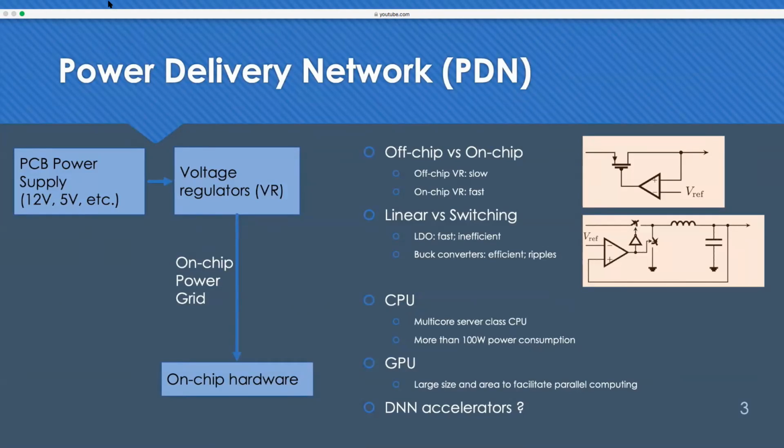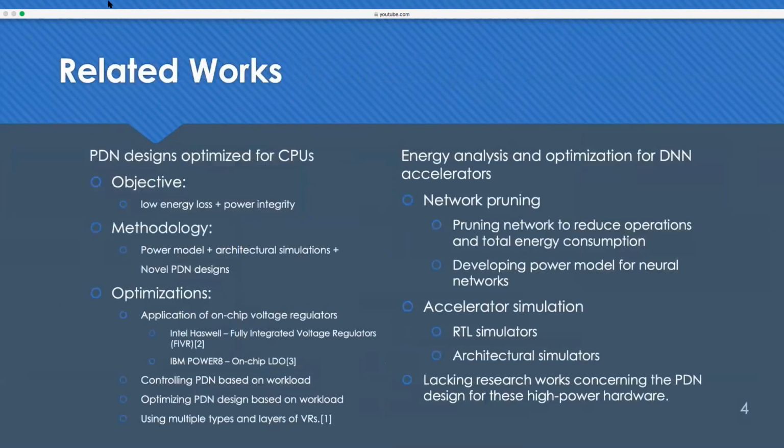As for the hardware, there have been many research works for CPUs and GPUs, but no research has been done on PDN designs for novel DNN accelerators. There have been many PDN designs optimized for CPUs to reduce energy loss and ensure power integrity. They use power models and architectural simulations to assess the performance of their novel PDN designs.